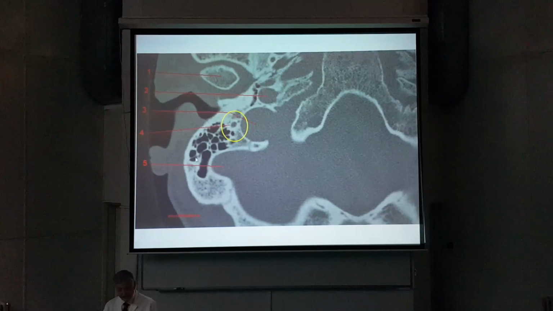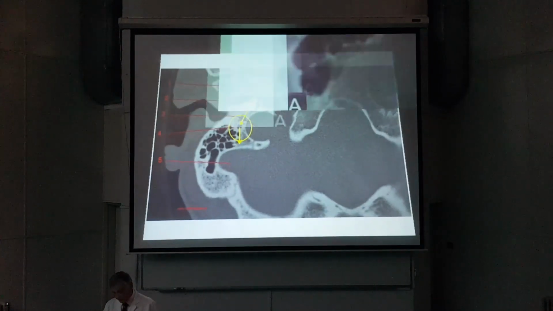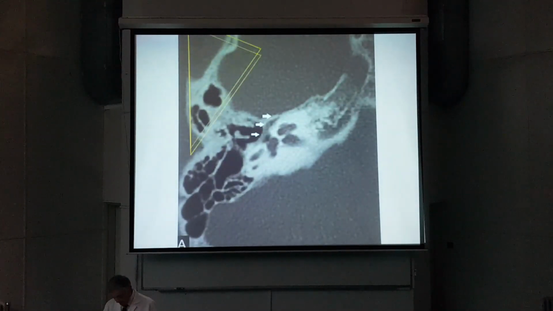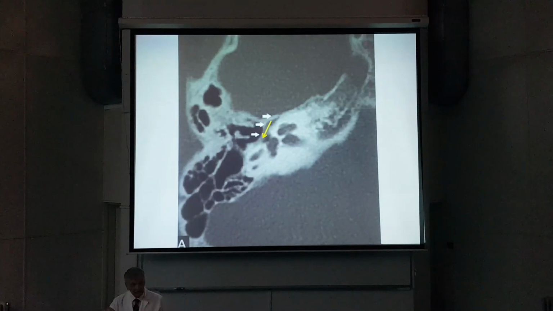These are mastoid air cells. So this is the facial canal becoming perpendicular on its way down. If this is the mastoid air cells in the mastoid process, then the facial nerve starts to come down.